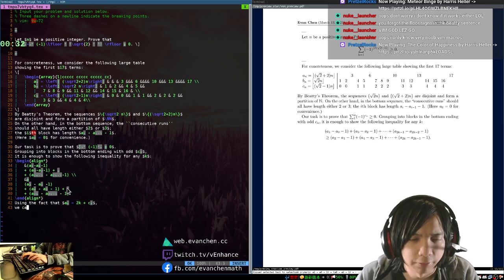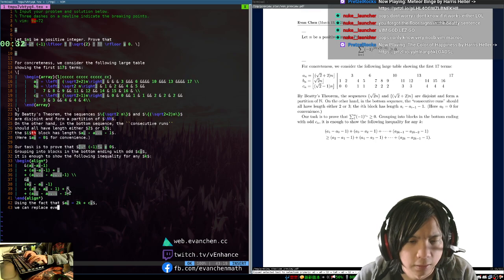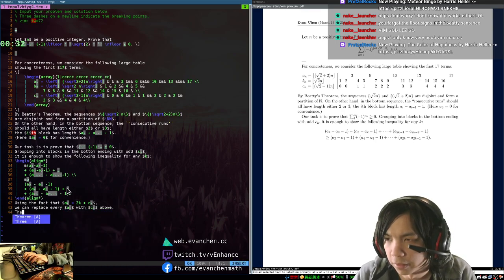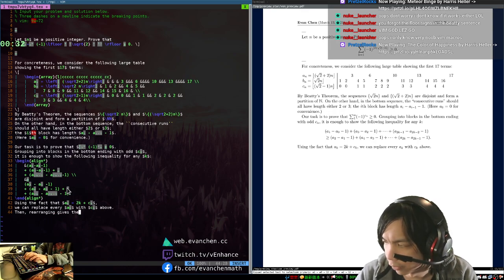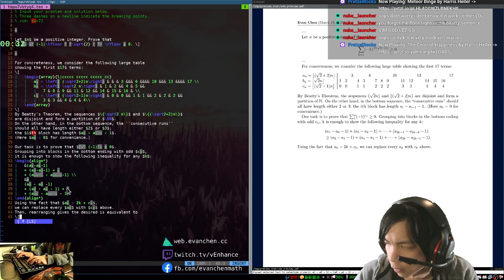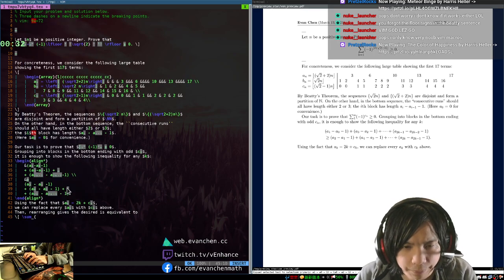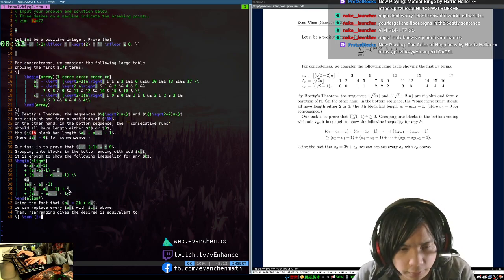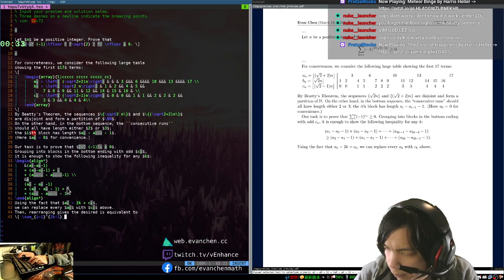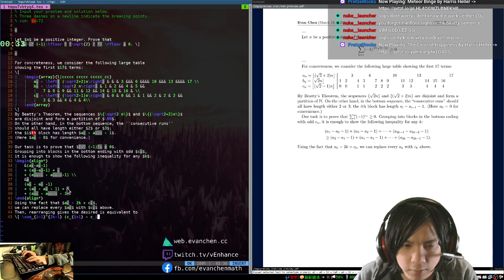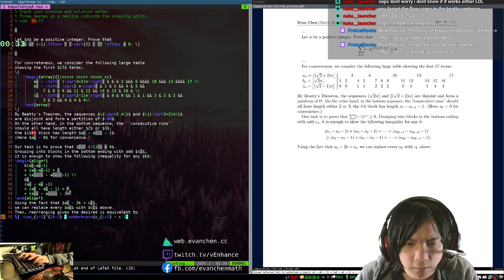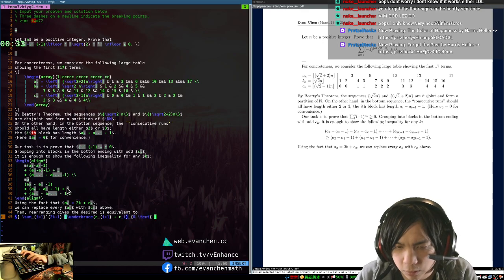I'll just say we can replace every AK with CK above. Then rearranging gives that the desired inequality is equivalent to the sum from I equals 1 to 2k minus 1 of, so this is 0 or 1.